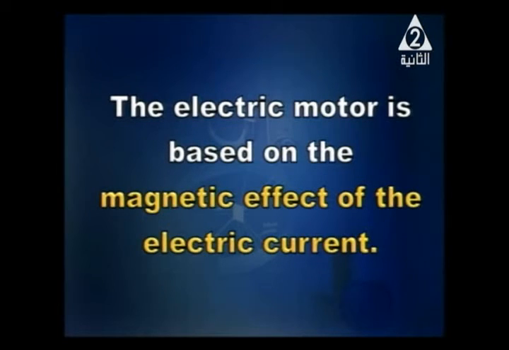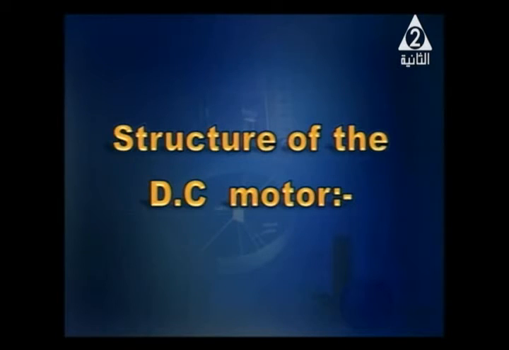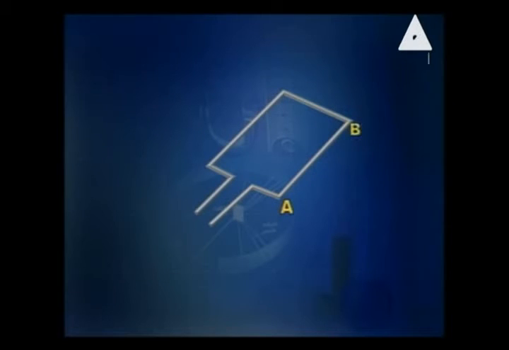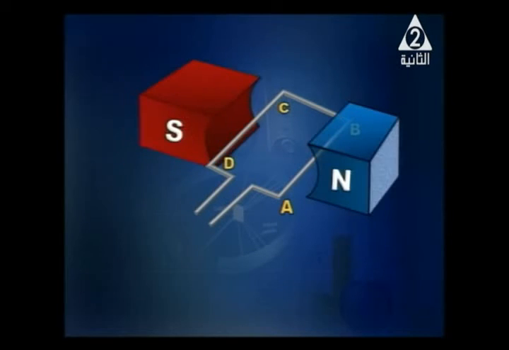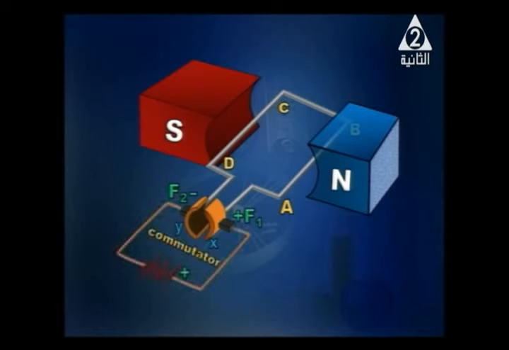And now, what about the structure of the DC motor? In front of you, you'll be able to watch the structure of the motor in its simplest form. So we've got a coil that rotates between the two poles of a magnet, and we've got two brushes, commutator, and a battery.